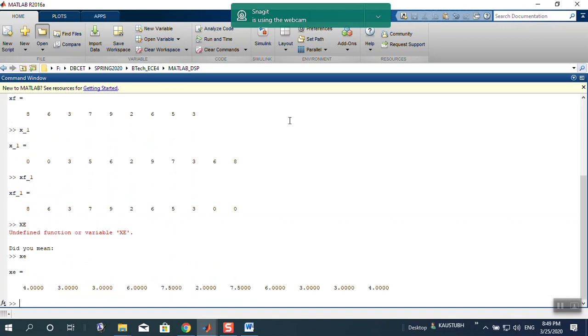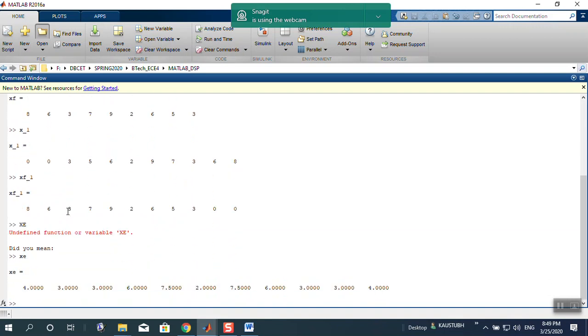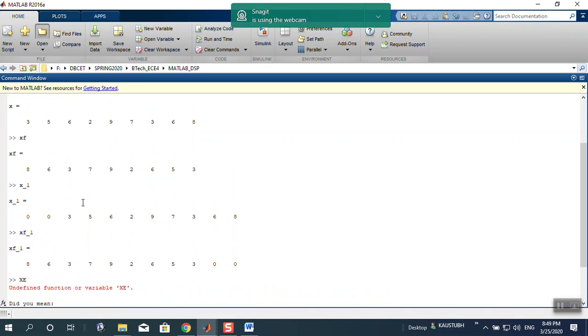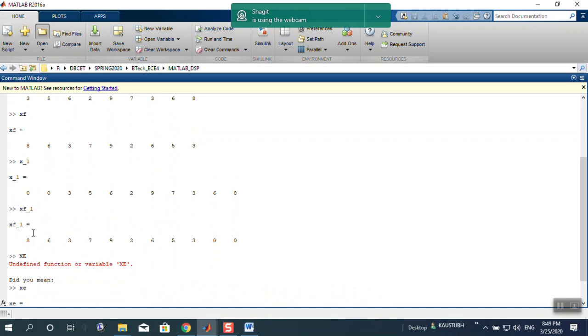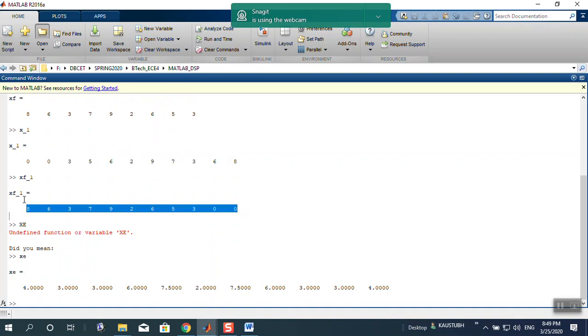So XE, as you can see, X even. So XF, these two. So 0 plus 8, it is 8 and half, so 4. 6 plus 3, 6, half 3. 7 plus 5, 12, half 6. 9 plus 6, 15, half 7.5. So it's good. Similarly X odd.